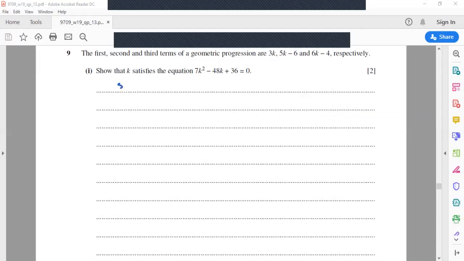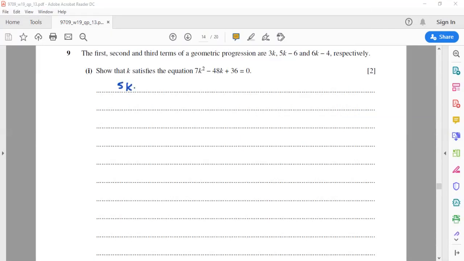As we know, the common ratio can be found as the second term divided by the first term, equals the third term divided by the second term, because the common ratio remains the same if the sequence is geometric.